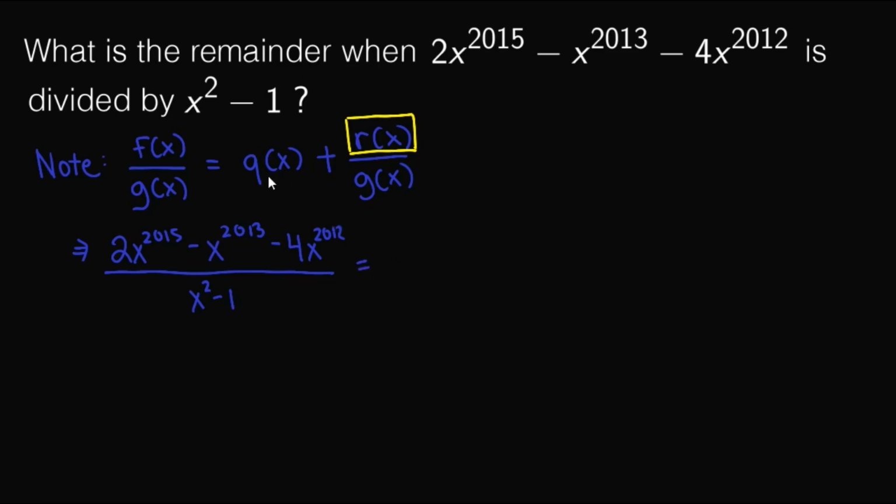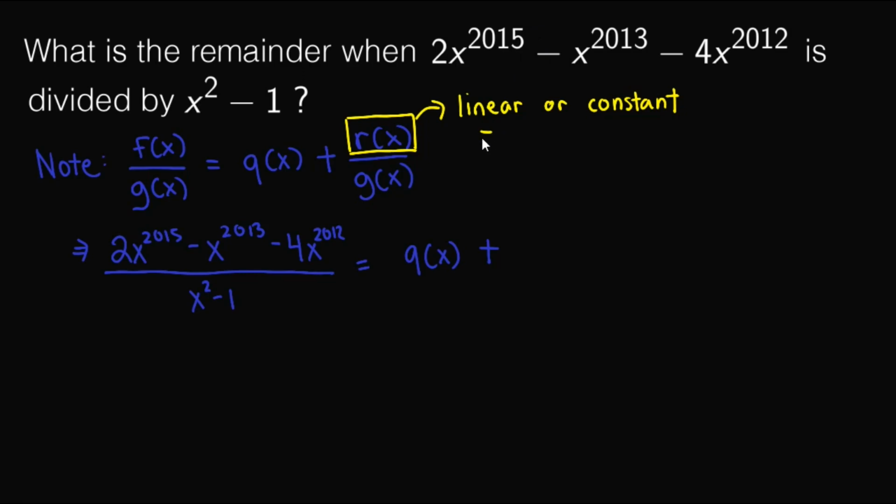This is equal to our quotient, which is unknown, so we just write q(x), plus, and here's the important part, since our divisor is of degree 2, r(x), our remainder, is either linear or constant, but at most linear.